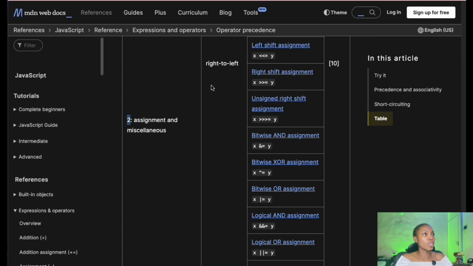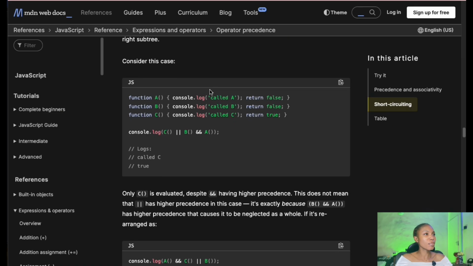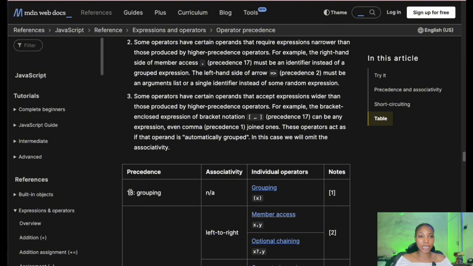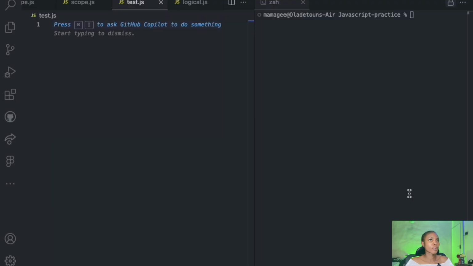Because grouping has the highest precedence, whatever you put in parentheses is executed first. So if we look at this example, say we have 3 plus 5, then multiplied by 2.